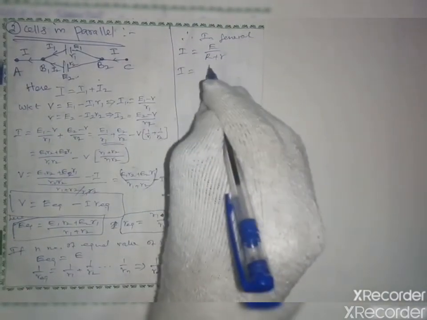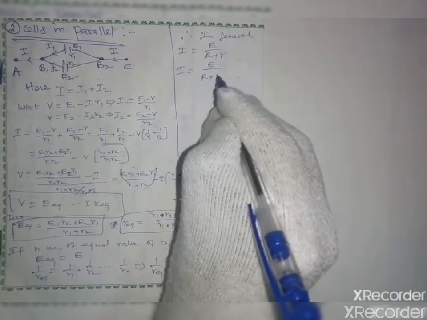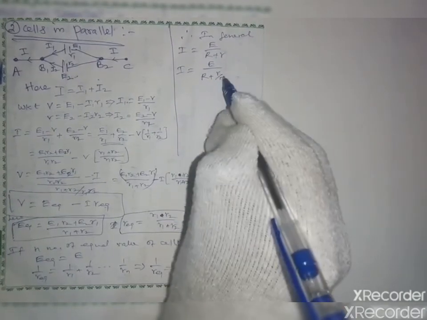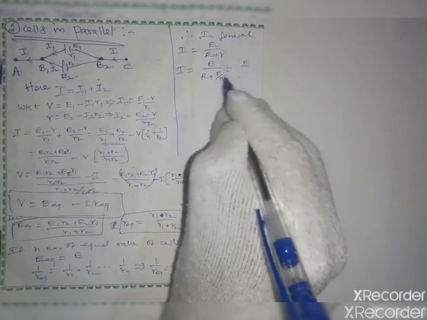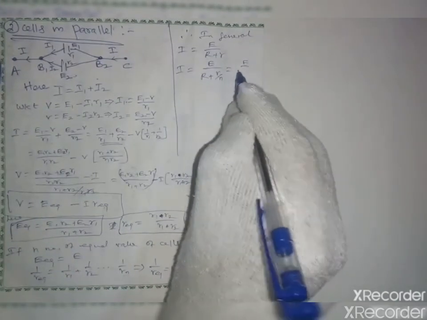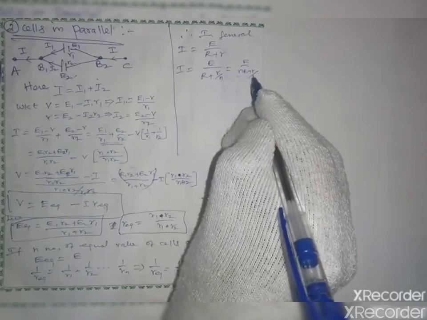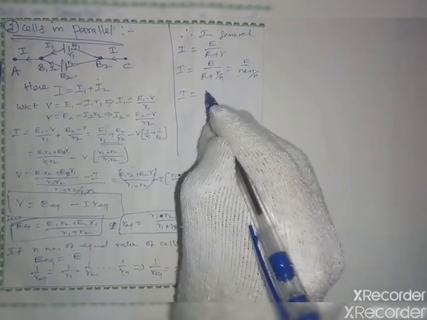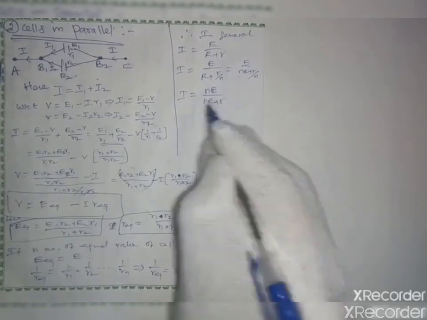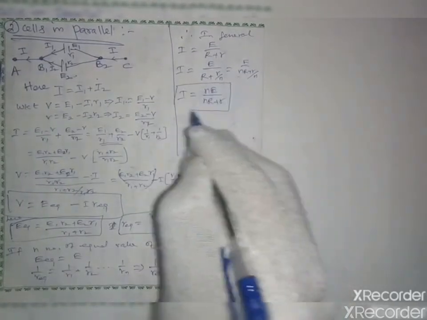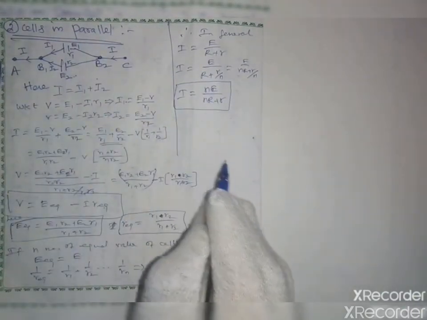Here r equivalent equal to r by n. So we can write I equal to E by capital R plus small r by n. Taking LCM, E by nR plus r by n, taking n to the numerator, I equal to nE divided by nR plus r. So this is the total current passing through the entire circuit.